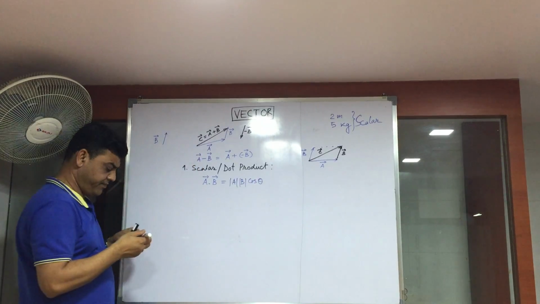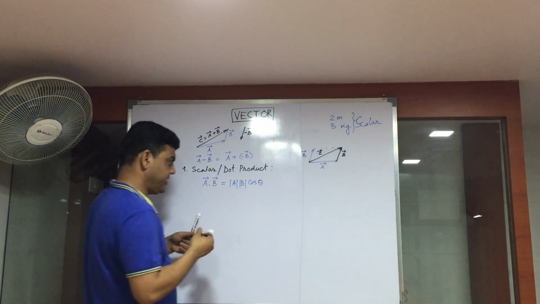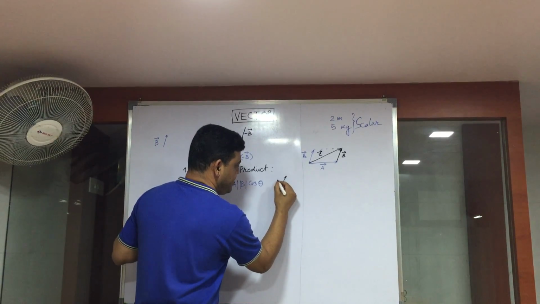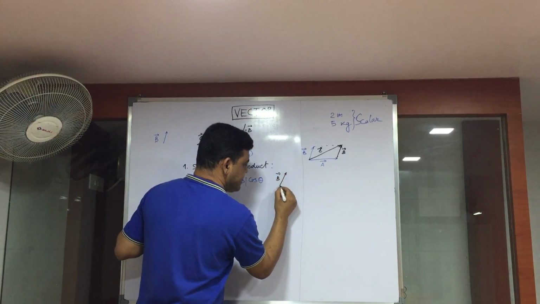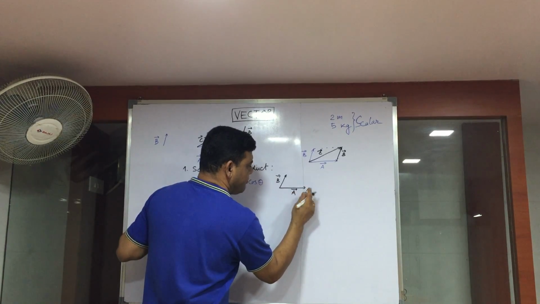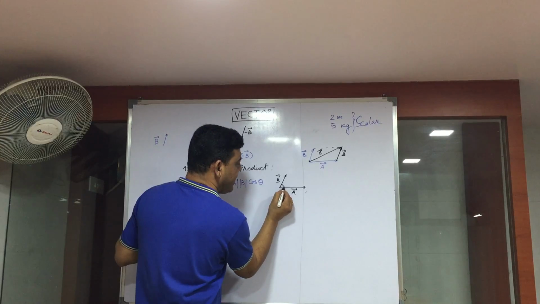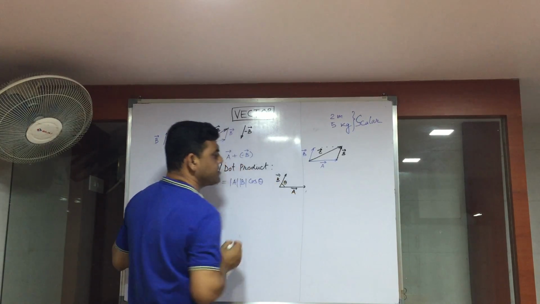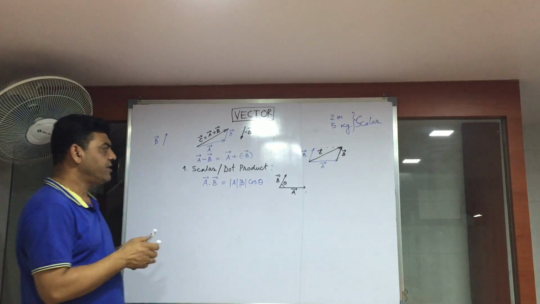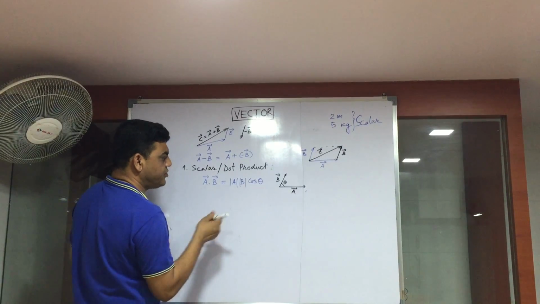What is this theta? Let me draw a simple diagram. If we have this as vector B and this as vector A, what is the product of these vectors? The angle between these two vectors is theta. We define projection, and this can be represented in two ways.